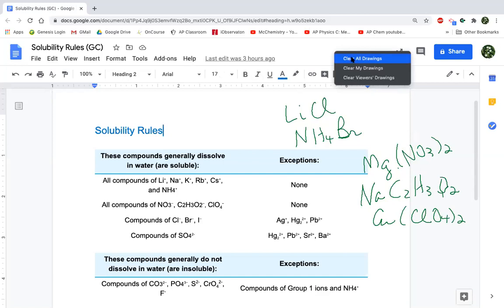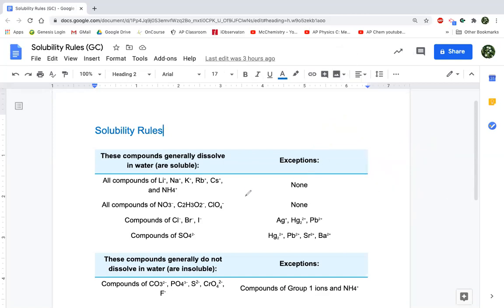Now we're going to start getting into, though, some exceptions. So if we have the anions chloride, bromide, or iodide, usually compounds with those ions are soluble, but now we start to have exceptions. So if we have the silver ion with either chloride, bromide, or iodide, it is insoluble. So we could have magnesium chloride.